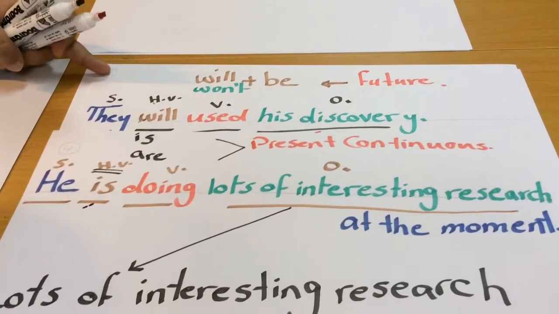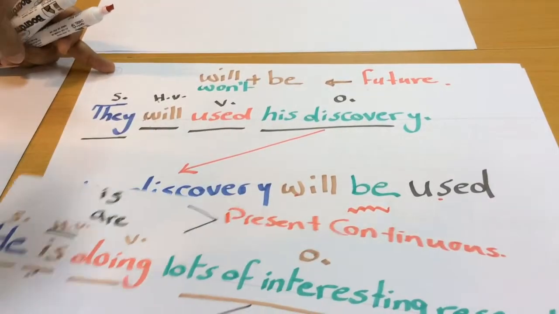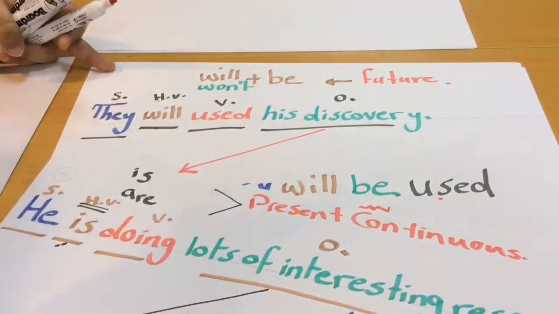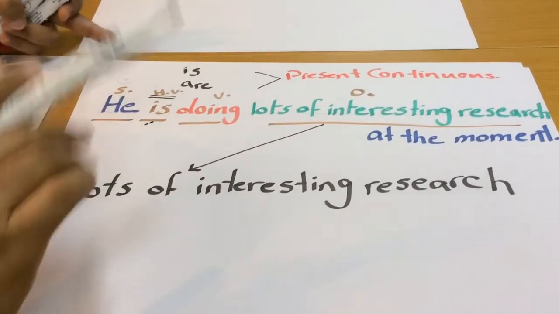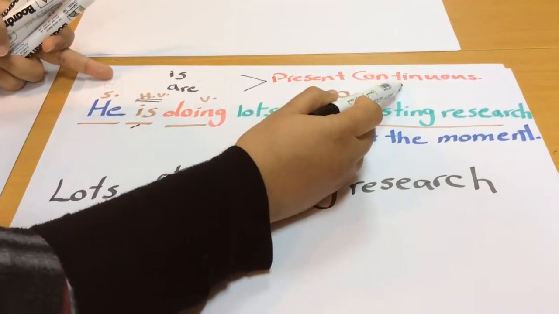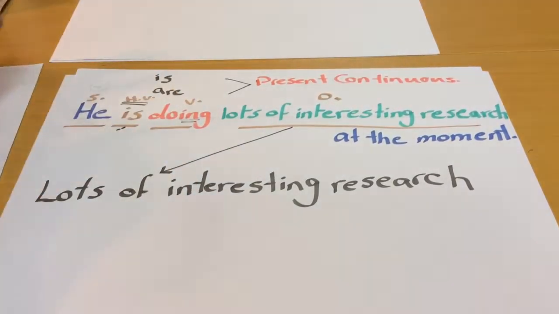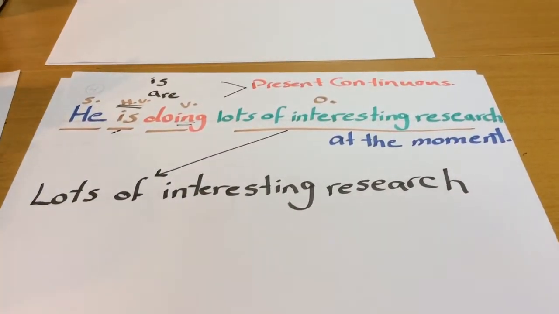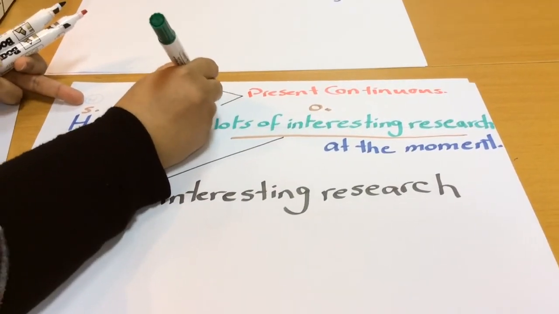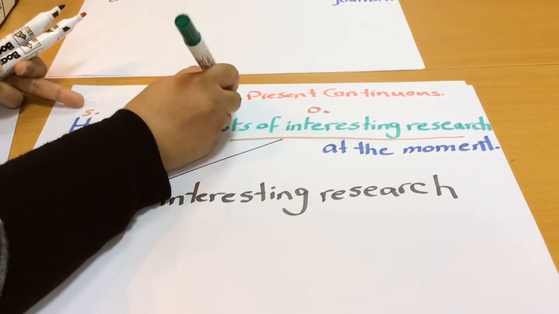So what are we going to do? In the previous example with will, we add be because will takes the verb in infinitive. But in this example, because it is present continuous, we have here ing. So is, are will take the verb be, but with ing.